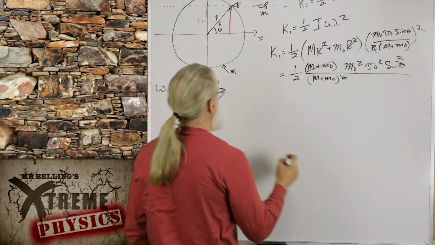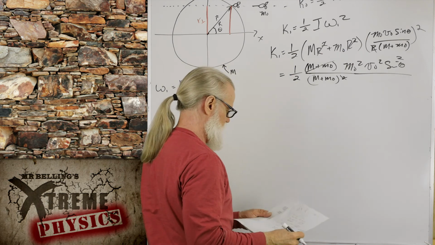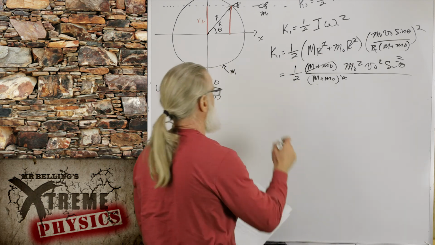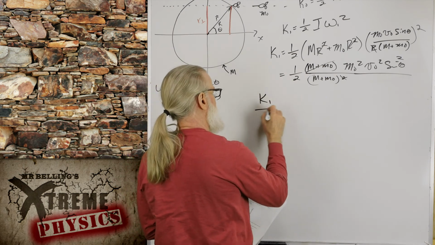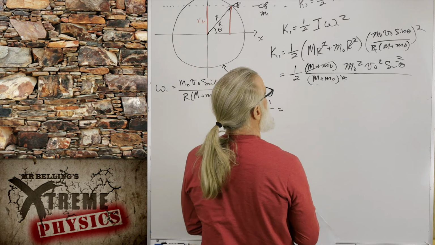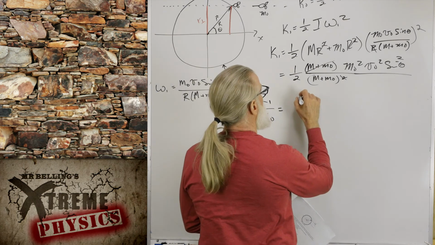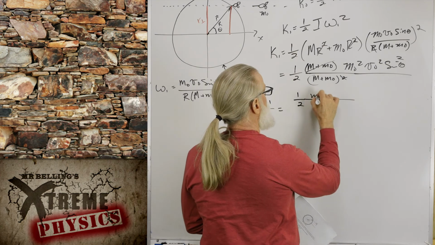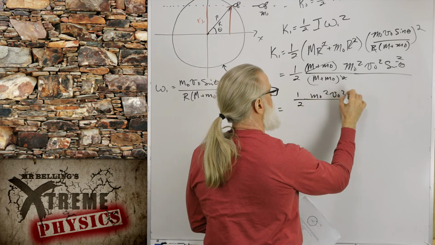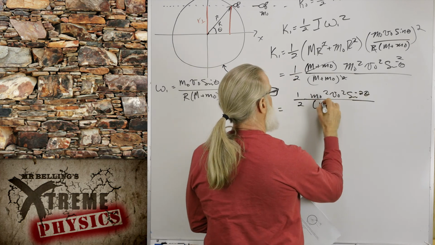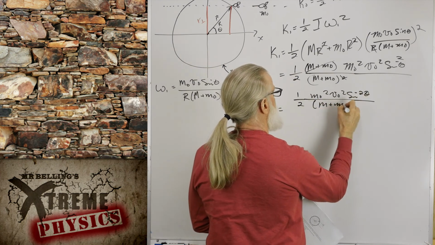All right. So what do they want? They want the ratio of the final kinetic energy, K1, to the initial. K1 is, what do we got? We got 1/2 m0 squared v0 squared sine squared of theta all over m plus m0.